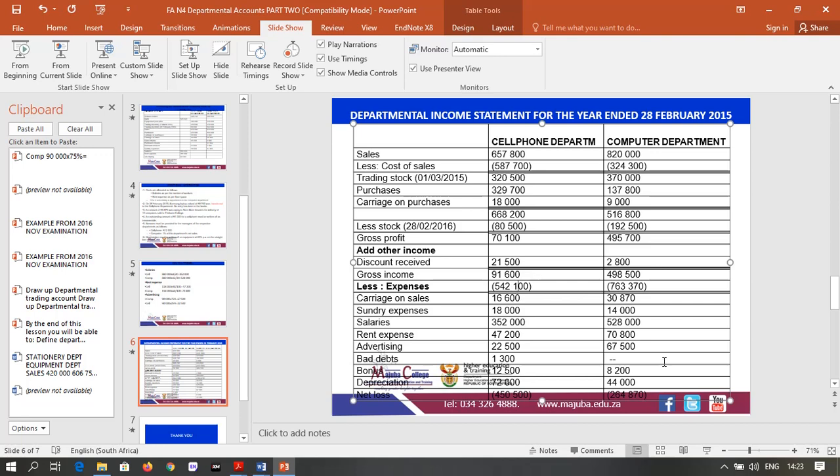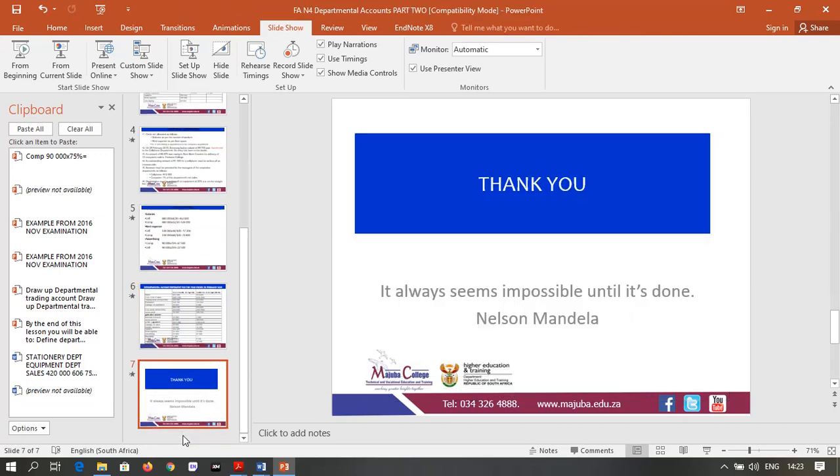Then you subtract this amount: gross income minus the expenses is how you get this 450,000, which is a net loss. In both departments, unfortunately, there is a loss. That is how you go about the departmental income statement for this exercise. I thank you. I wish you all the best in your work.